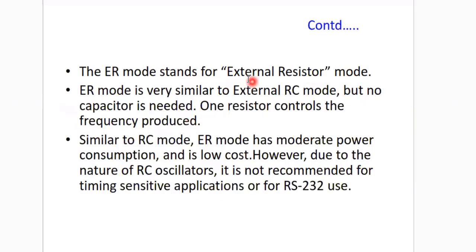And see here external resistor. There is one more mode which is called ER mode, where no capacitor is used, only a resistor, and using only the resistor the oscillations are generated. This is similar to RC mode, except that it won't use a capacitor, it uses only the resistor.